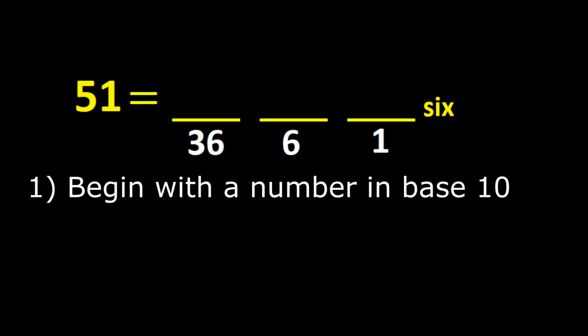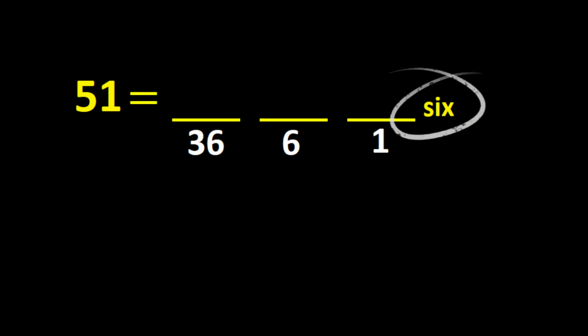The user begins with a number in base 10. Let us revisit an example we just explored, converting the number 51 from base 10 to base 6. To begin, the user takes the number 51 in base 10. The process is straightforward.